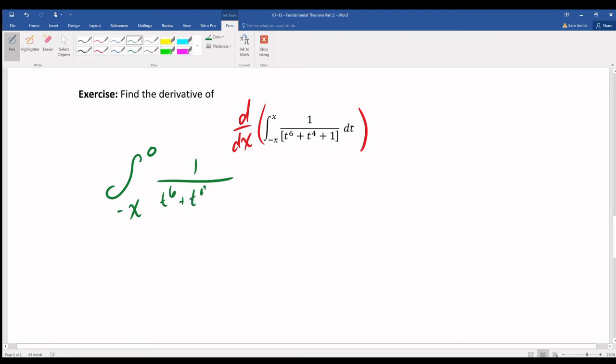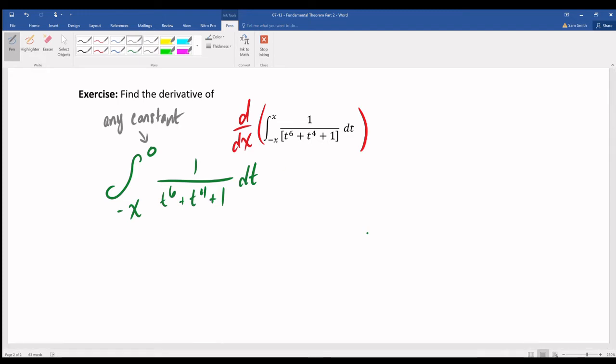Now I have just chosen 0 because I like 0. It's usually a very convenient number, but this same process will work if you put any constant here, any constant. Now, having taken a rest at x equals 0, I'm going to continue my journey and integrate from 0 to x this function.